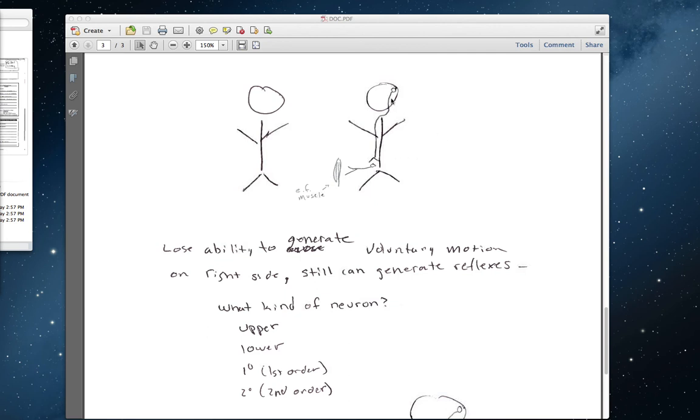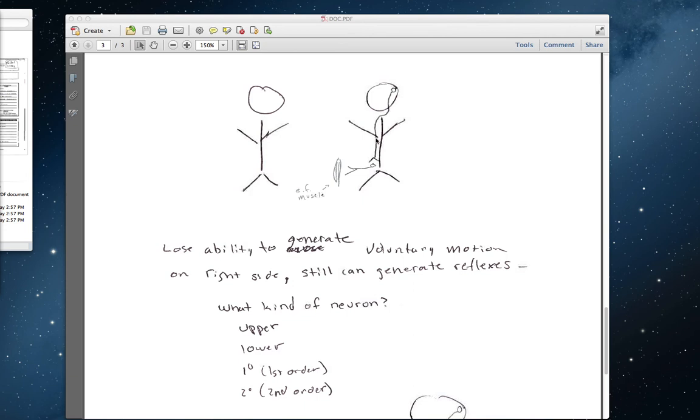So if we lesion here, or here, or here, we're going to disrupt the connection between the cortex and the muscle itself. All of these things can give you a problem and be responsible for having you lose the ability to generate a voluntary motion.